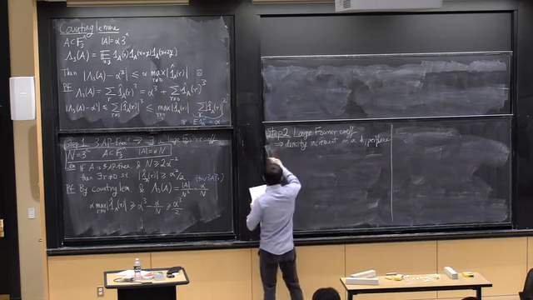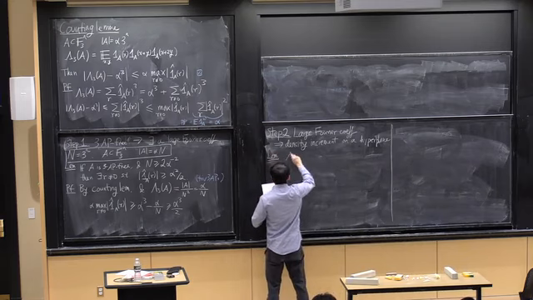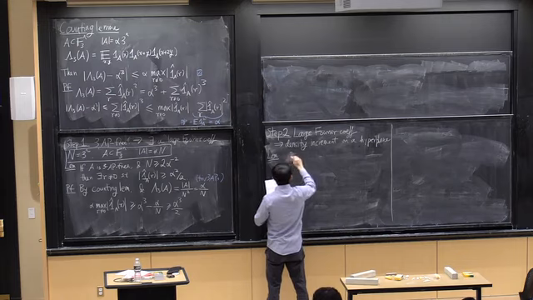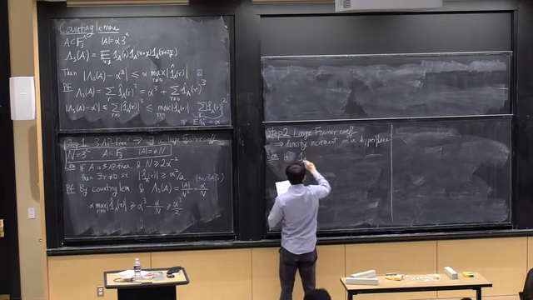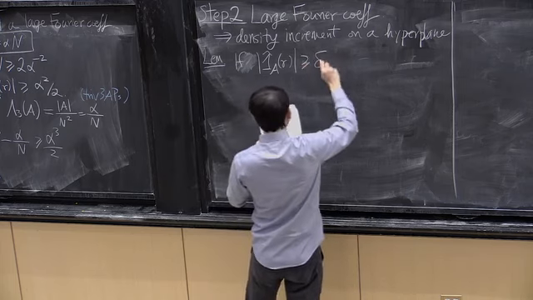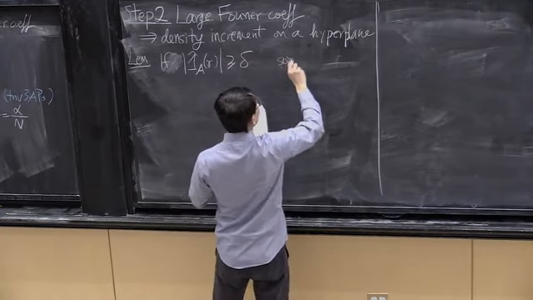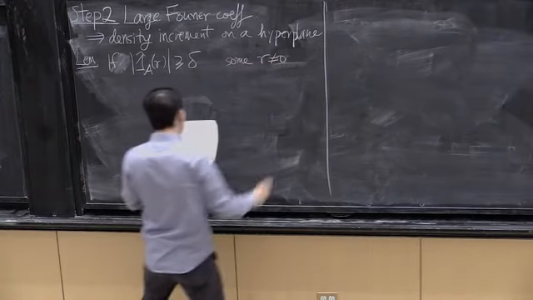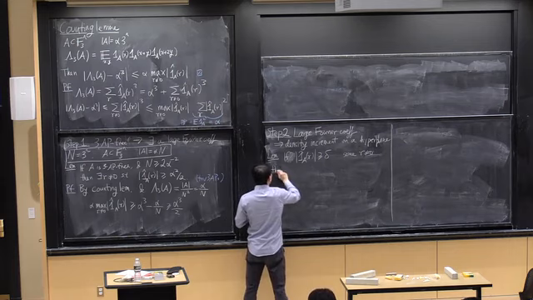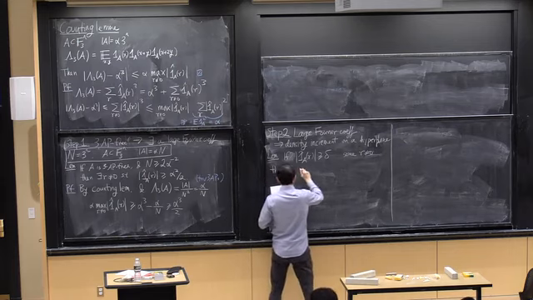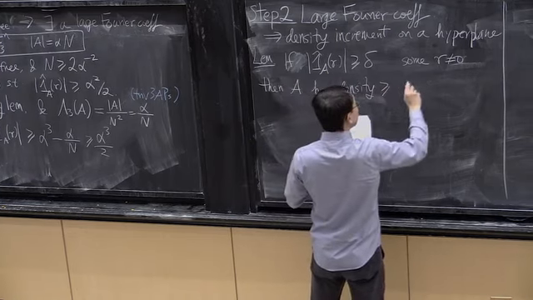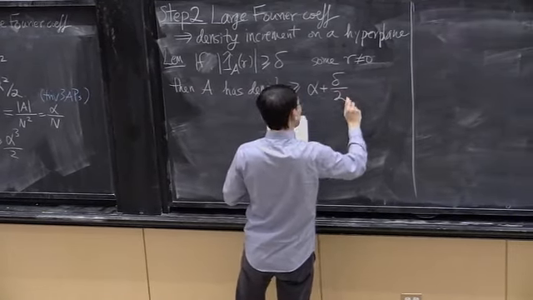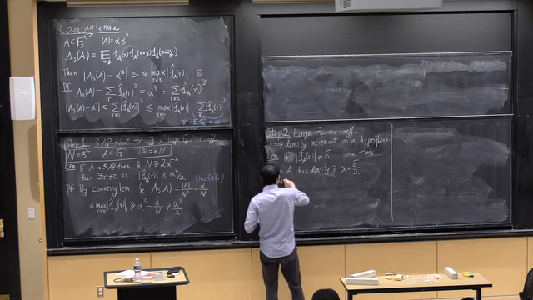Specifically, keeping the same convention as before, if the Fourier coefficient of A at R is at least delta for some non-zero R, then A has density at least alpha plus delta over 2 when restricted to a hyperplane.